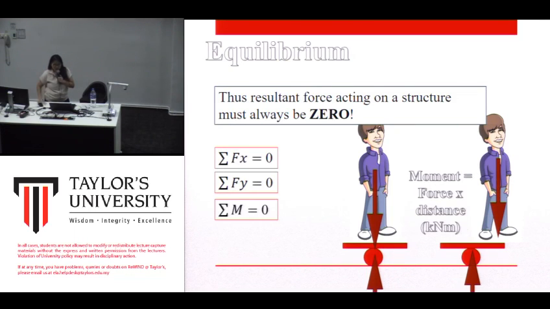Because the summation of moment in this scenario is not equal to 0. That's why it's not stable. Got it? So what I'm trying to point out here is, for any point of a structure, the summation of force in x and y direction must be 0, as well as the moment.